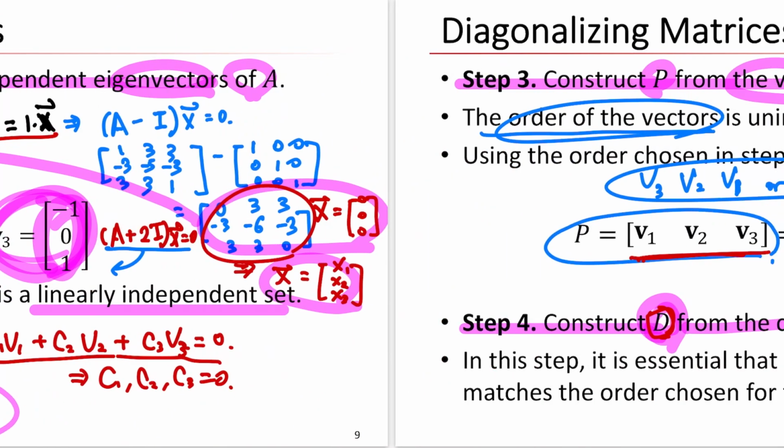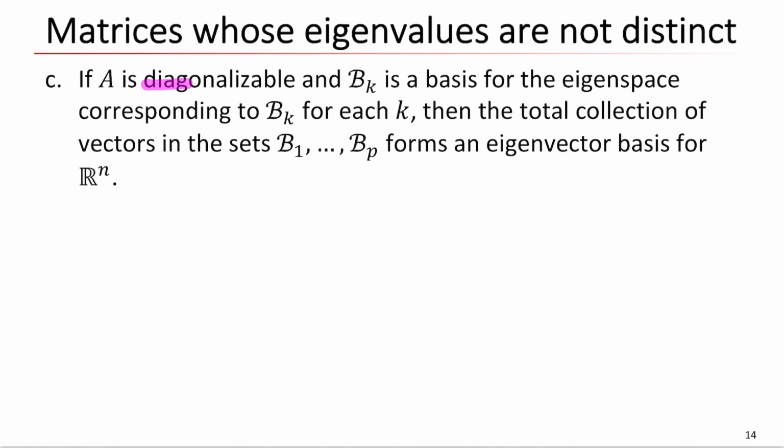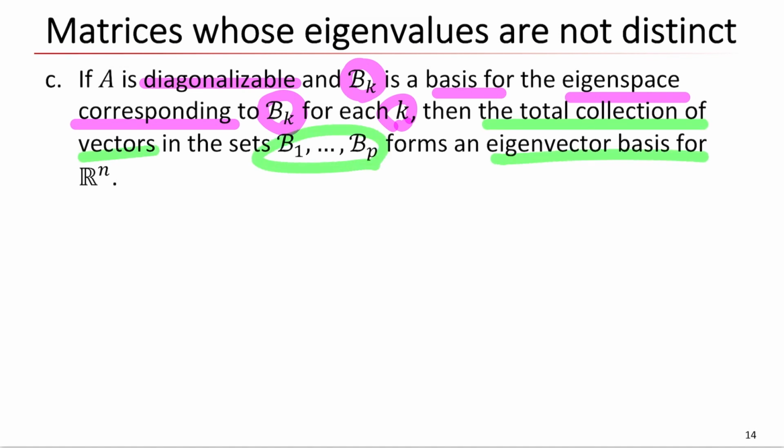And one more thing is that if matrix A is diagonalizable and Pk is the basis for the eigenspace corresponding to lambda k for each k, then the total collection of the vectors in the sets forms an eigenvector basis for Rn.